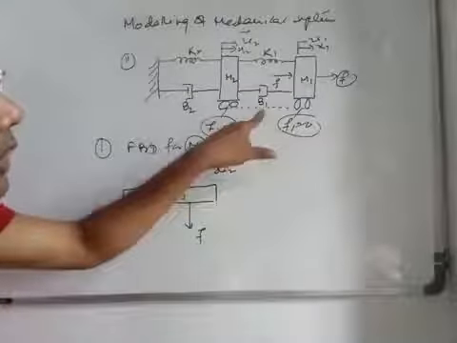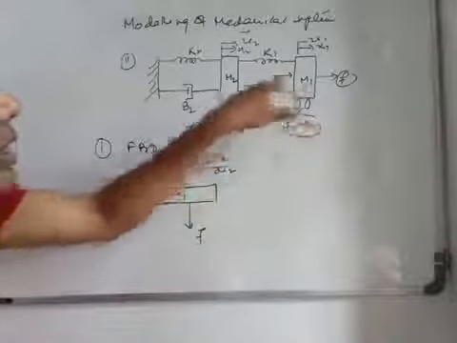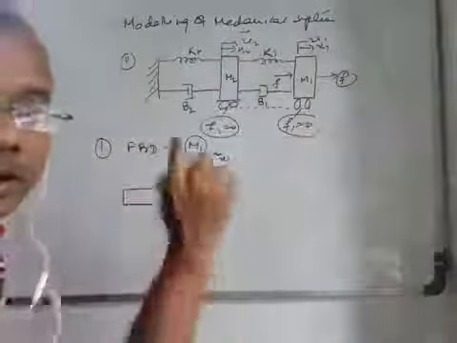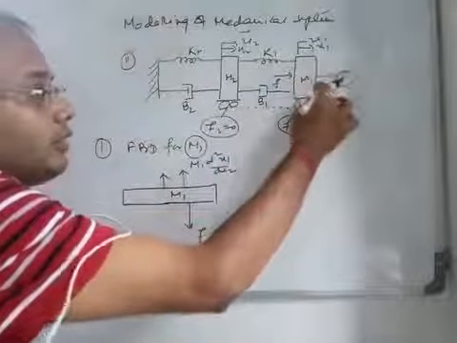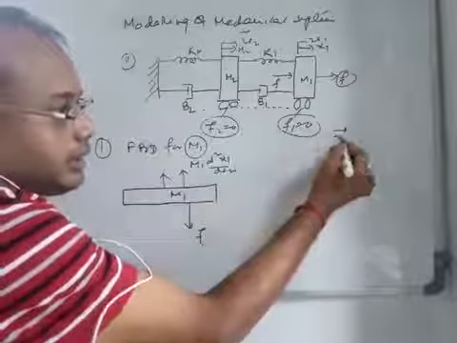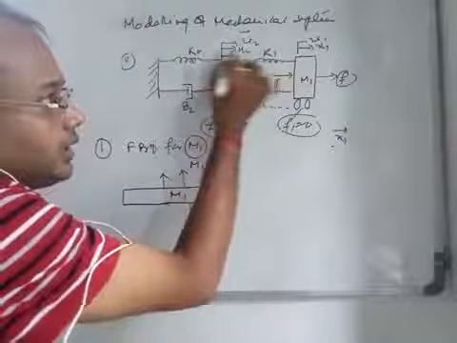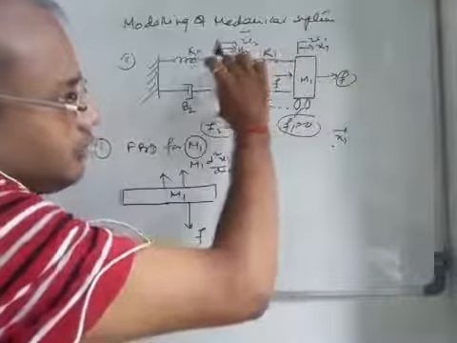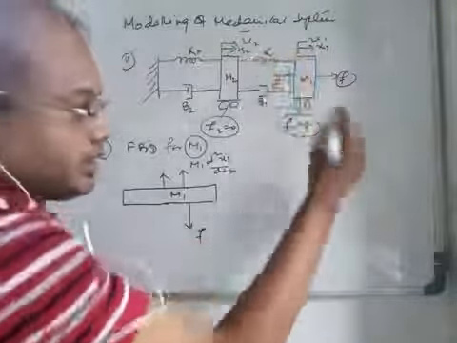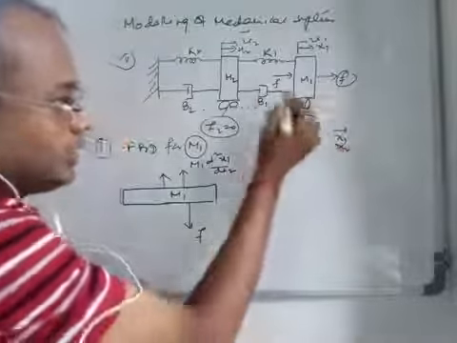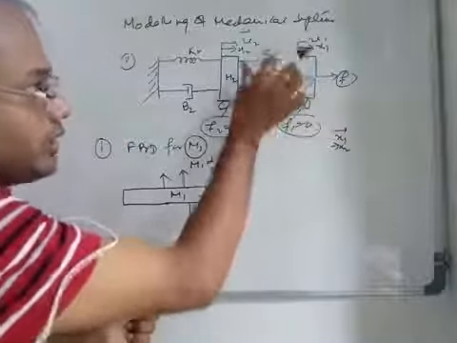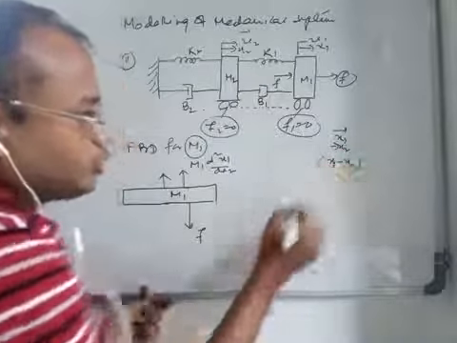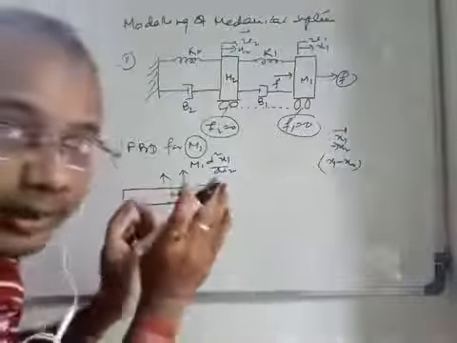And now this b1 is connected to both mass m1 and mass m2, so definitely we need the resultant displacement. This is x1 for mass m1 in this direction, and when you apply the force here, the mass of the cart m2 will also try to move in this direction, so that will be displacement x2. And b1 and k1 are both connected to both masses, so the resultant displacement is x1 minus x2, as we are considering the mass m1, right?